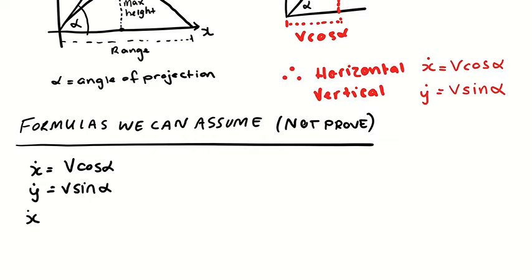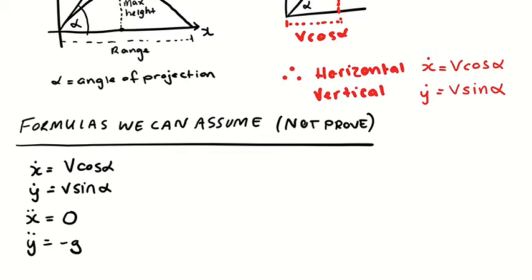What we can also assume is that when we're talking about horizontal projection, there are no forces acting on it, so there's no acceleration having any effect on it, unlike something vertical. So we can assume that x double dot is 0. However, vertically we have gravity, which affects the acceleration, and we say it is negative g.